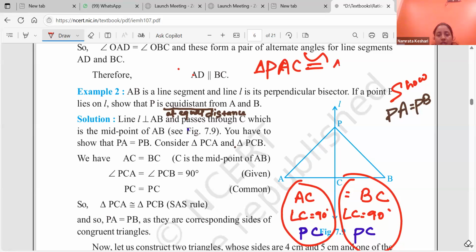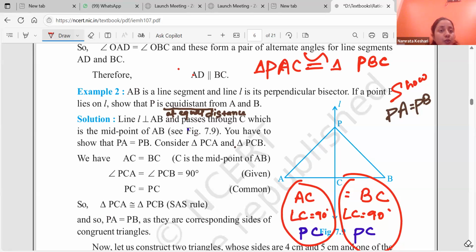AC over here and BC over there are the same, so BC will be here. Angle C is the same, yes, we have written it properly. And PC is the same, so P will be here. Can you see the names? PAC and PBC.